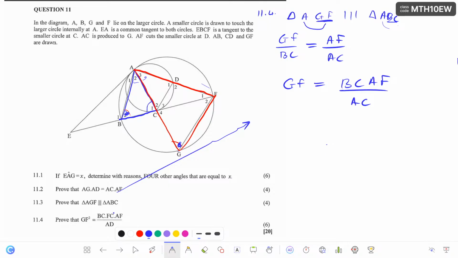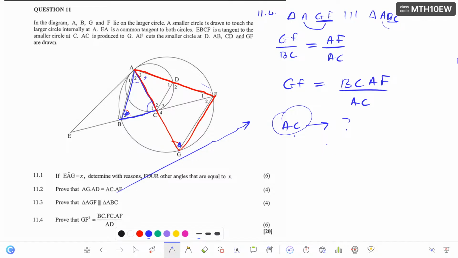The remaining one is this one, AC. But this AC has to lead us somewhere. We have to make it equal to something. We need to find out how we can represent this one.